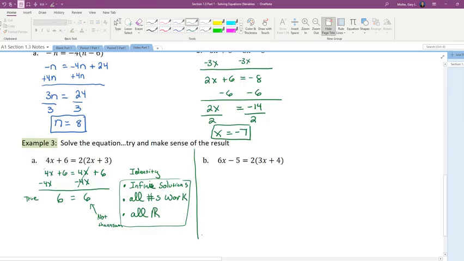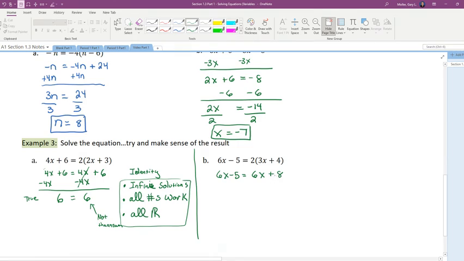So let's see what happens on this side. Nothing happening here, but I do have a distributive property. And let's pause and stop at this stage right here. No matter what I plug in for x, at this stage, if I just stopped and I plugged in an x here and I plugged in x here, I'm going to have the same number as this one. Same number minus 5 equals the same number plus 8.